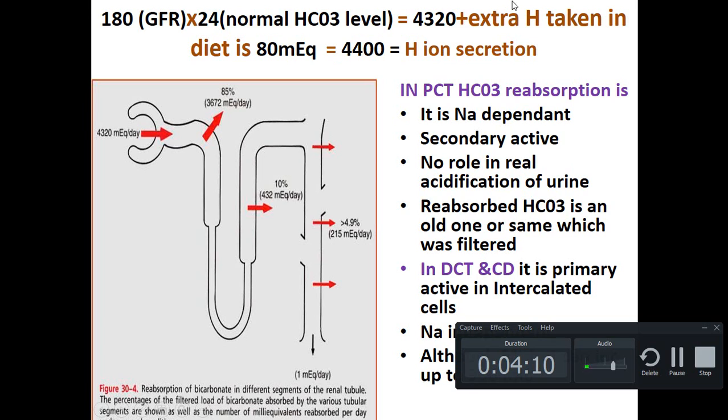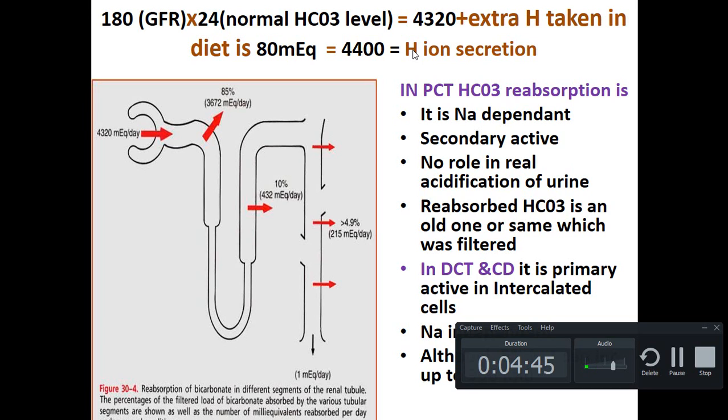Now we eat extra hydrogen. We take extra hydrogen in our diet, mainly through the different types of acids or proteins, and this is 80 milliequivalent extra. If we add this 80 milliequivalent, it is approximately 4400 milliequivalent. That means hydrogen ion secretion is actually a titration. Titration means to reabsorb one bicarb, we need one hydrogen to be secreted out.